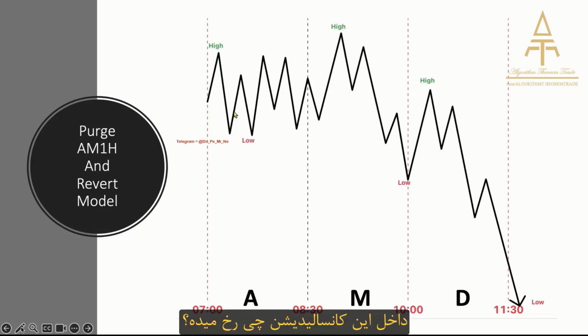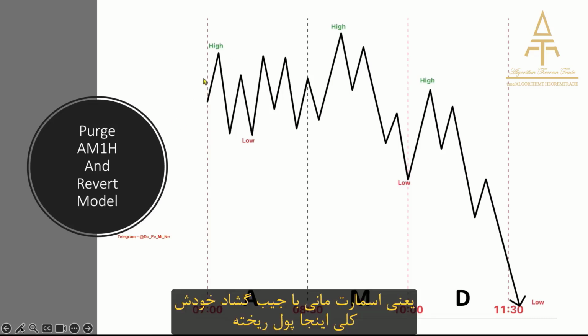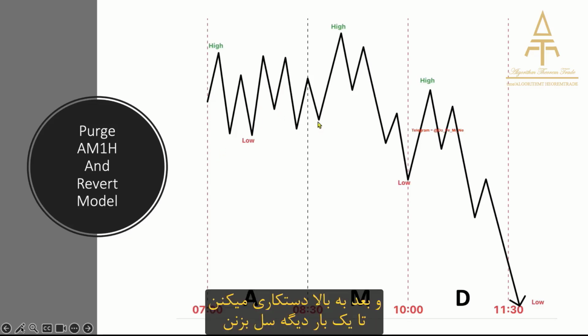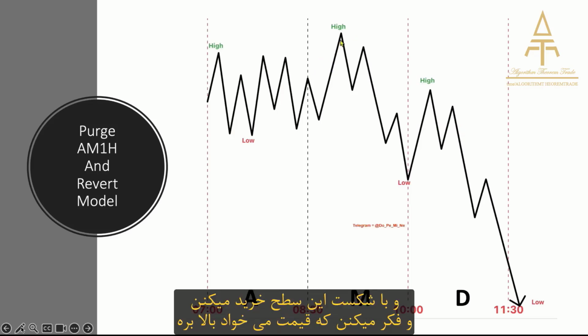What is occurring right here inside of this consolidation? Inside of this consolidation, orders are being accumulated. That means that smart money, which has very deep pockets, accumulates shorts here. They then manipulate higher to short once more, to trap buyers, to trap retail buyers to be precise, into believing that the market is going to go higher.